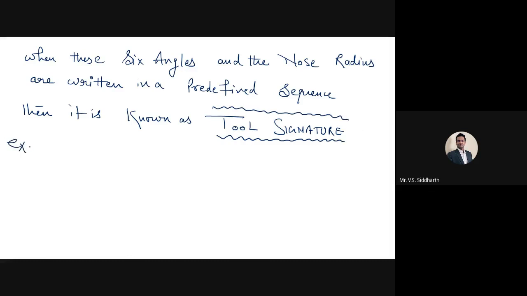Example of tool signature I'm writing here. If you have written 7 degree, 6 degree, 8 degree, 4 degree, 11 degree, 25 degree, and 2.